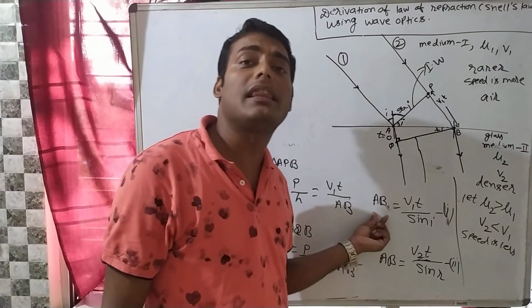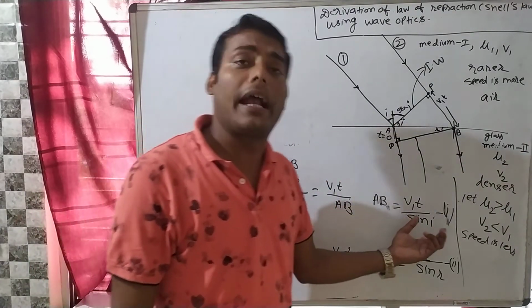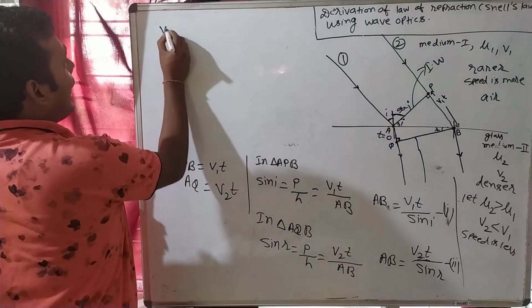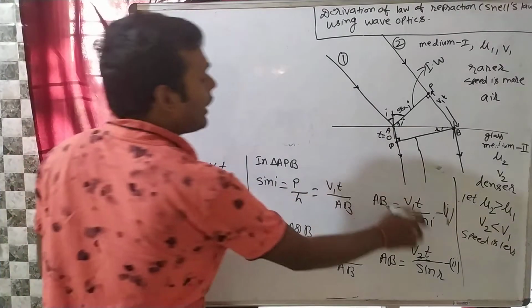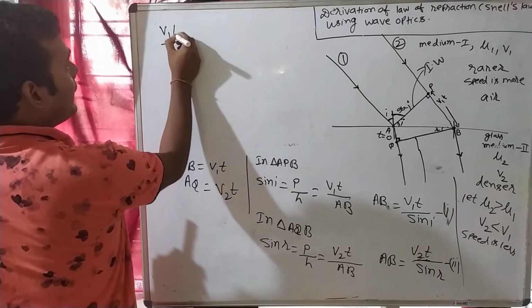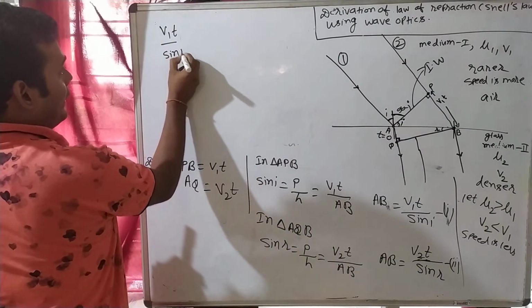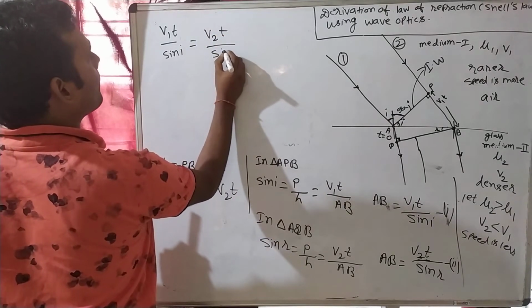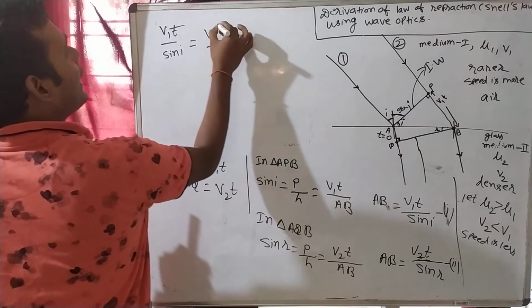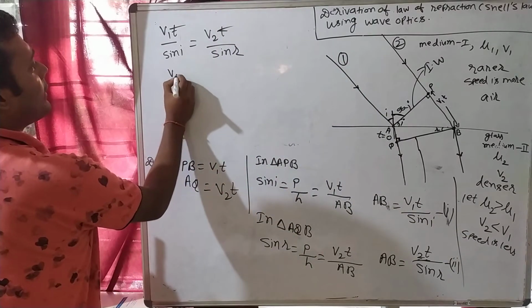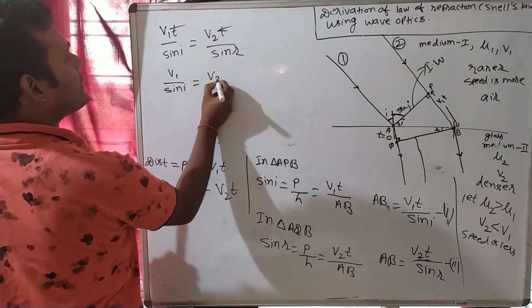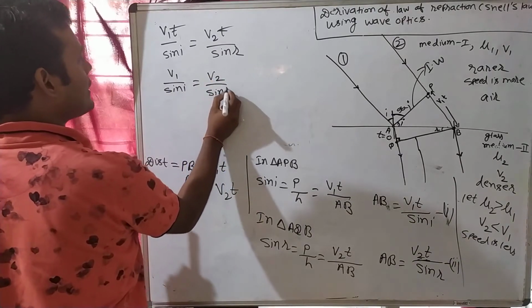As in both equations the left hand side is the same, the right hand side will obviously be the same. So V1T by sin I is equal to V2T by sin R. T and T will cancel. So can we write that V1 by sin I is equal to V2 by sin R? Can we write this?